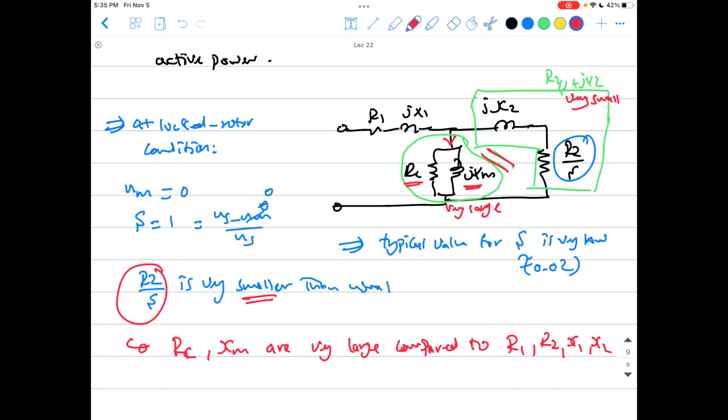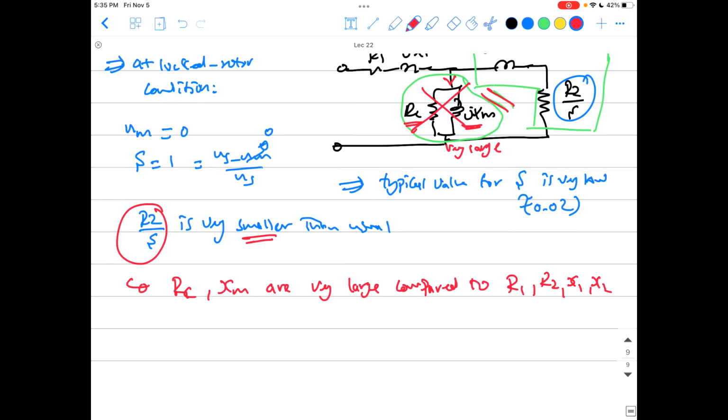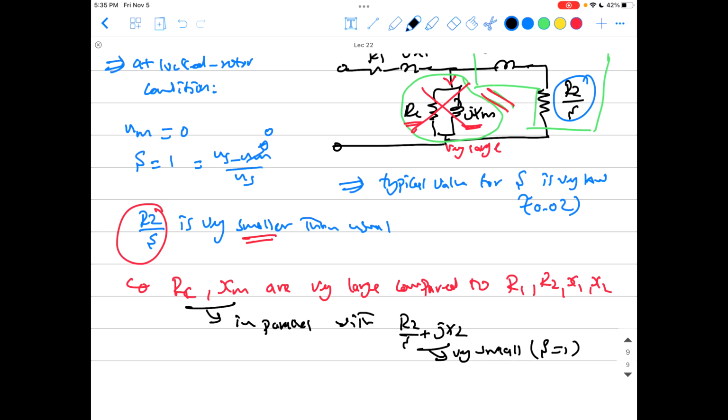So if you have a very large resistance connected in parallel with a very small resistance, the equivalent will be almost equal to the very small one, and that means you can ignore the large impedance. So RC and XM are in parallel with R2 over S plus JX2, which now is very small because the slip equals 1.